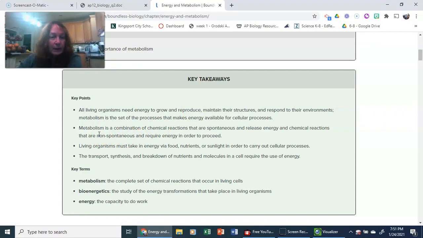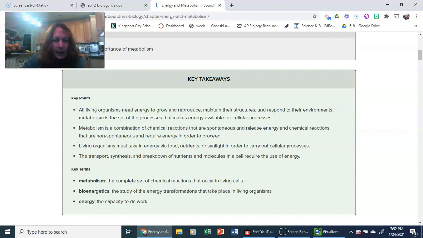So metabolism is, and I don't have to write this out in full, I can abbreviate because later you're going to have to create the whole thing.